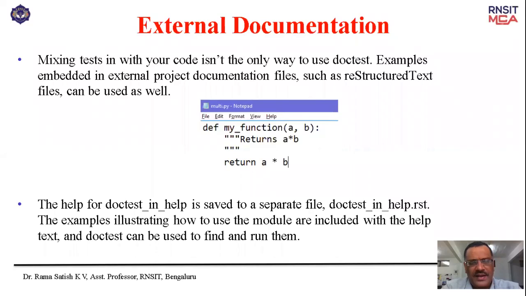The examples that illustrate how to use the module are included with the help text, and doctest can be used to find and run the tests. So the help text, the separate documentation, is written to explain how exactly the code is functioning.